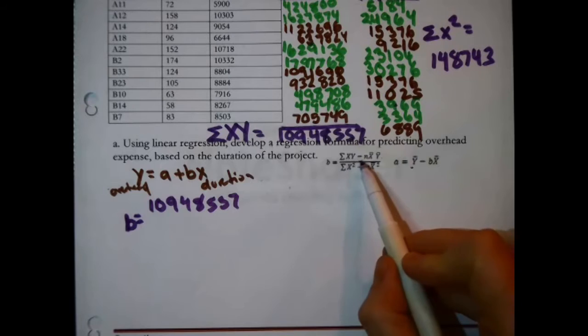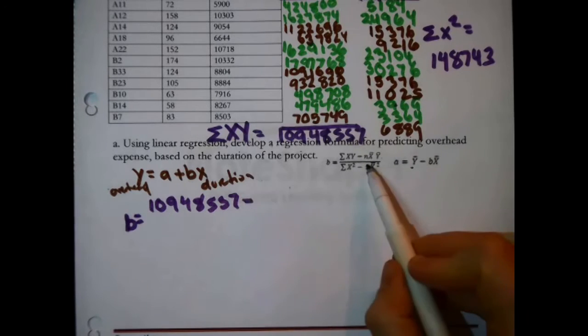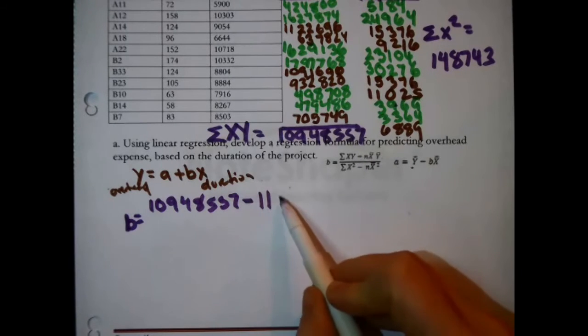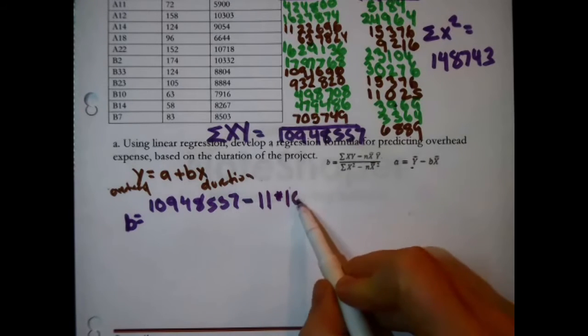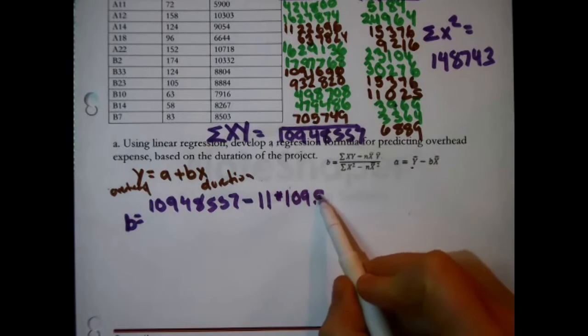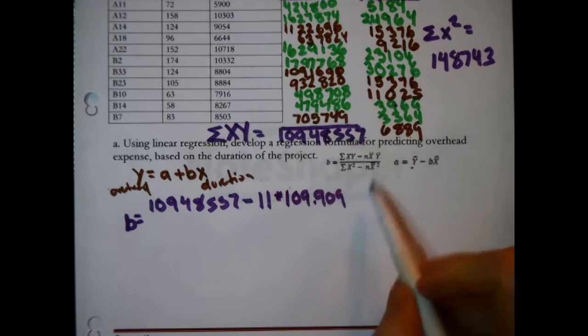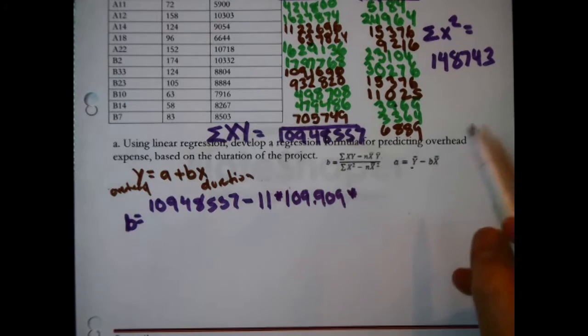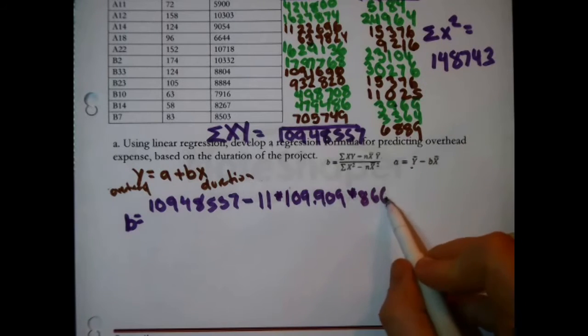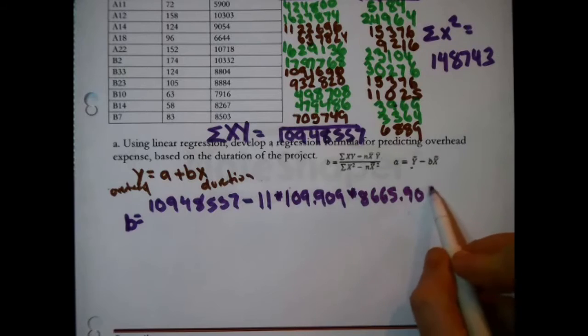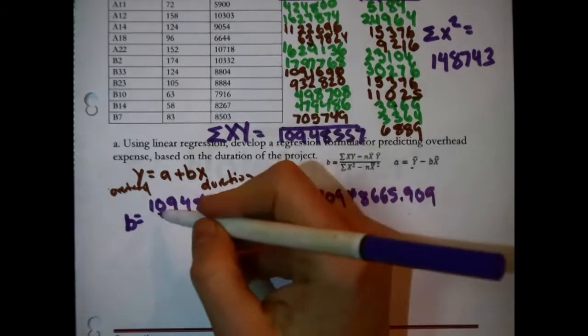That's done. Minus n, that's 11, times the average x. Okay, that was 109.909, times the average y. Okay, that was 8665.909. All right, that's the numerator.